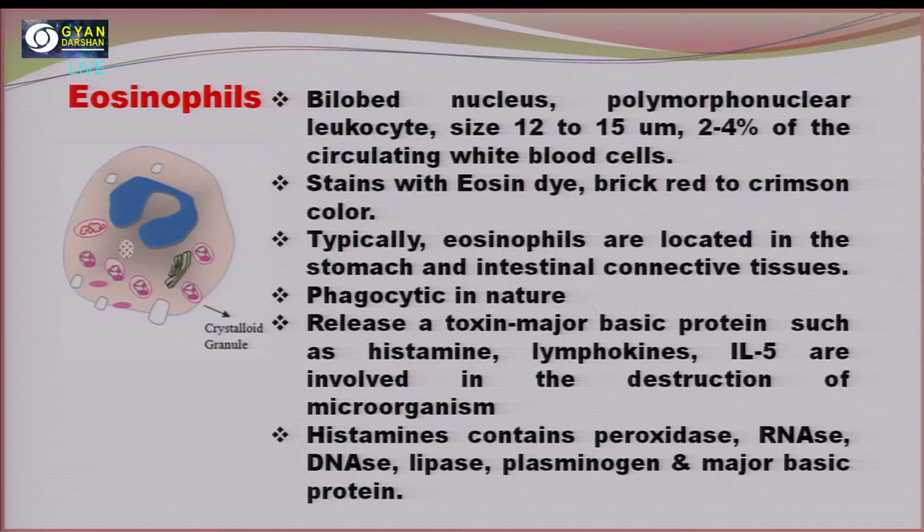Another is the eosinophils. Eosinophils are bilobed. You can see the structure of the bilobed polymorphonuclear leukocytes. Their size is 12 to 15 micrometers, and they are 2 to 4% of the circulation. It is another very important cell.